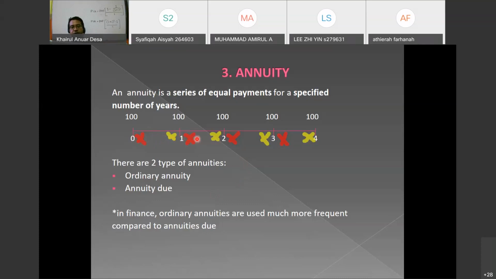Kemudian kita bayar sewa untuk next month, and we stay in the house, and then we pay the rent again. Bermakna sewa rumah ataupun car loan, pinjaman kenderaan, biasanya kita bayar pada awal bulan, kemudian kita akan guna, dan kita bayar pada bulan berikutnya.